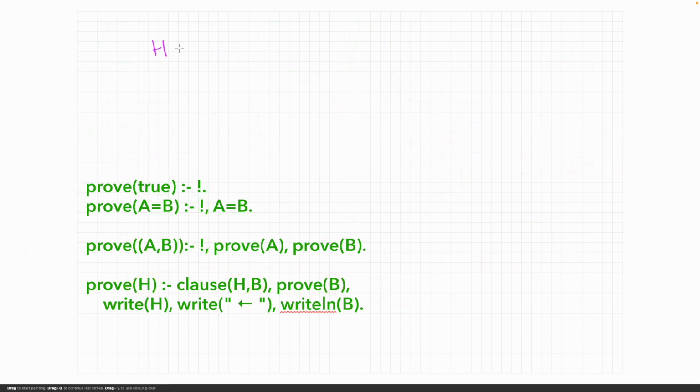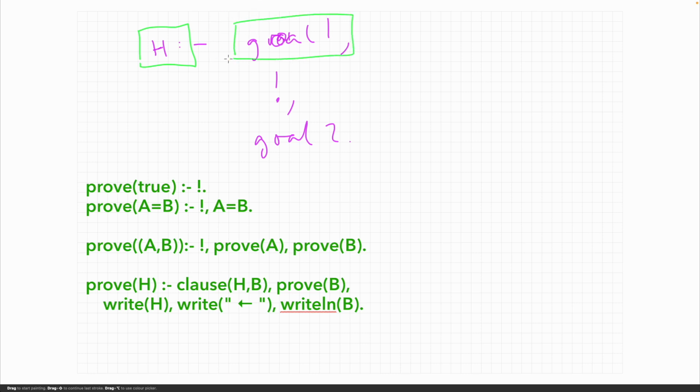Let's say we have a Prolog program which we want to emulate, simulate, run through our meta interpreter, and it's got goal 1, it's got a cut, and it's got goal 2, so very similar to what we've just spoken about. Our meta interpreter can try to prove H, and to do that it will find the body of this rule. It will then try to prove this. Job done.